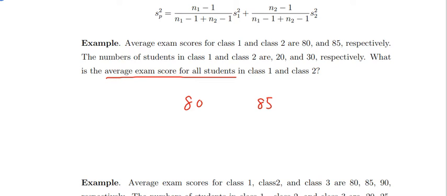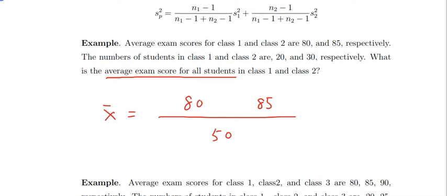So actually the average for all, we should do it this way: average equals total points divided by total students. Here total students is 50, right? So 20 in class 1, 30 in class 2.